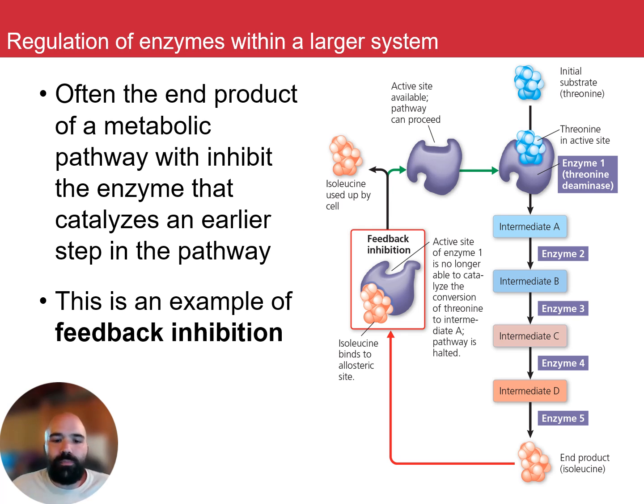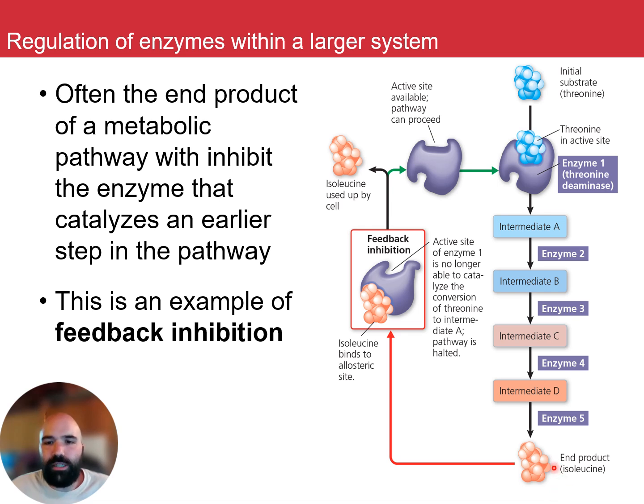Here's an example of a metabolic pathway that starts with the amino acid threonine and transforms it into the amino acid isoleucine. There are 5 enzyme catalyzed steps here. We start with threonine, then we make A, that turns into B, turns into C, turns into D, until we finally get isoleucine.